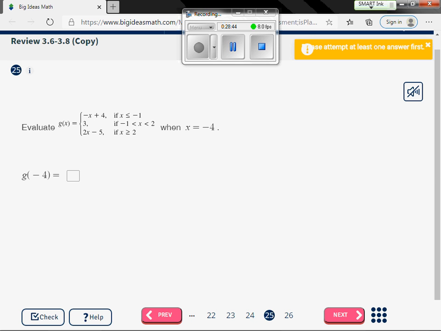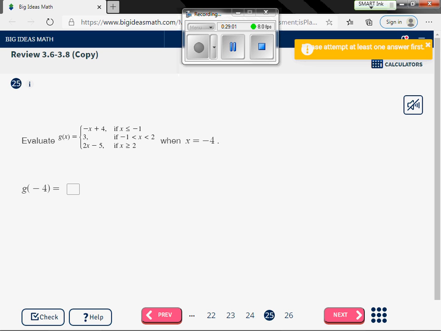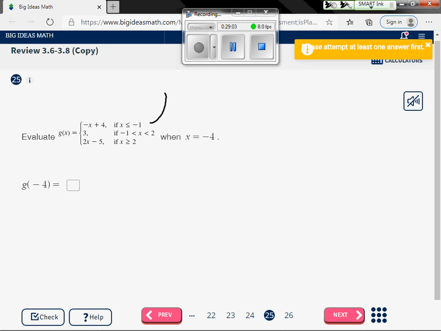Let's look at the next one. -4. Is -4 less than or equal to -1, between -1 and 2, or greater than 2? Where's -4 going to be at? Well, -4 would be less than -1, yes? So that means I'm using the statement -x plus 4.